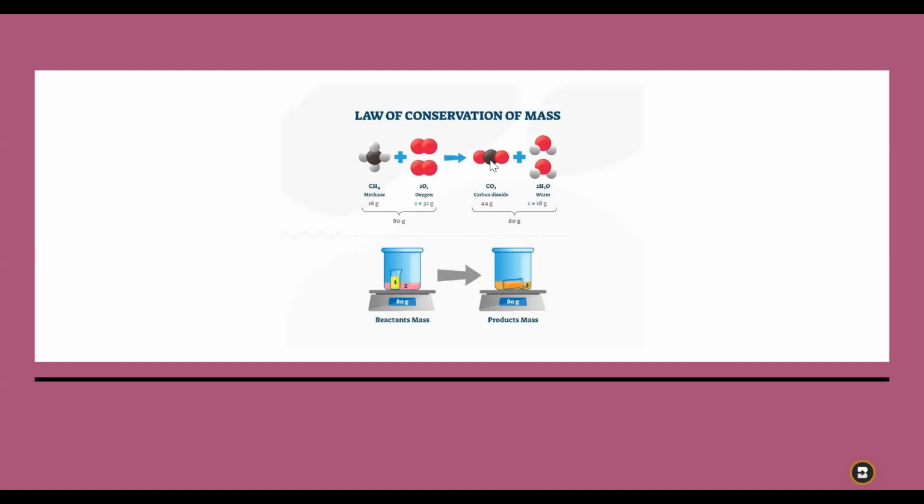I want you to count the hydrogen on the reactant side and the hydrogen on the product side. Also count the number of oxygen on the reactant side and oxygen on the product side. I want you to pause the video and count it.